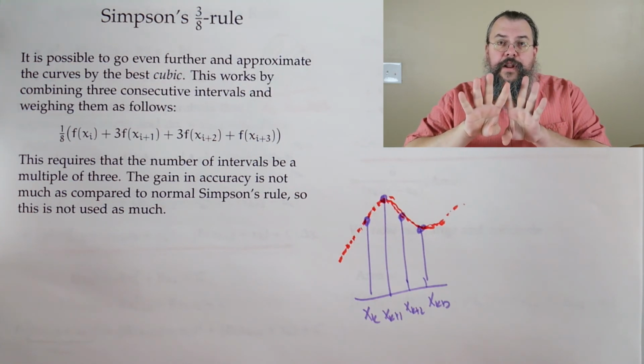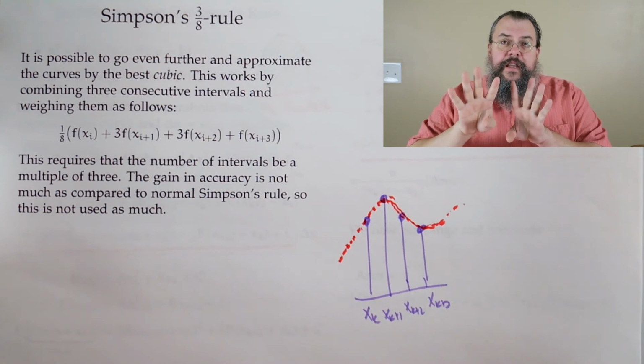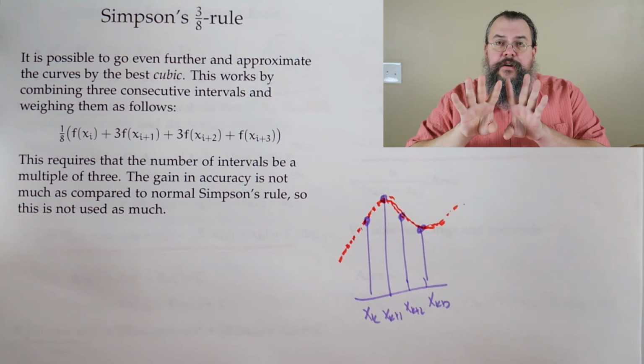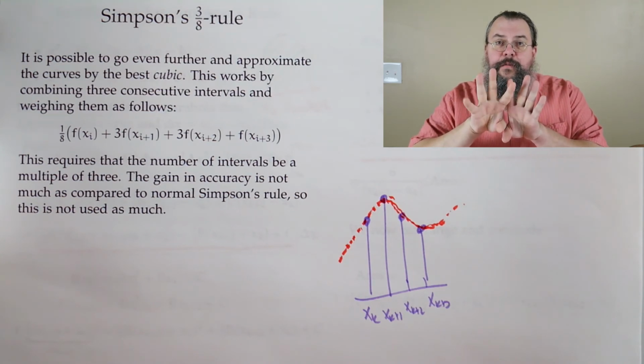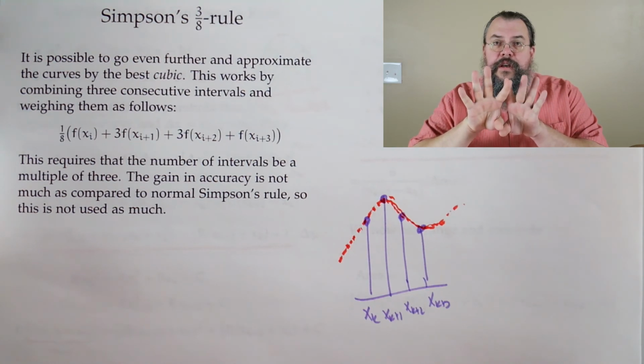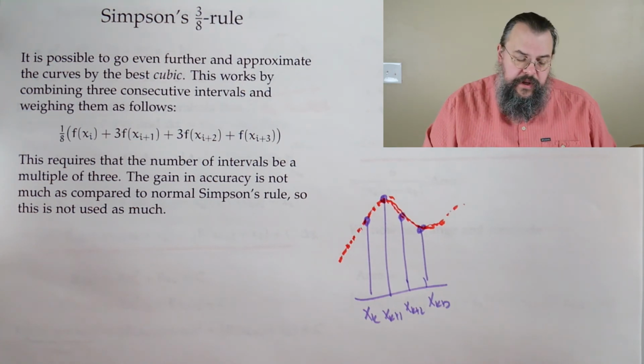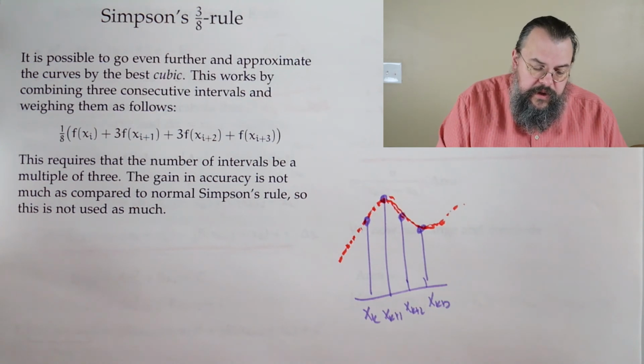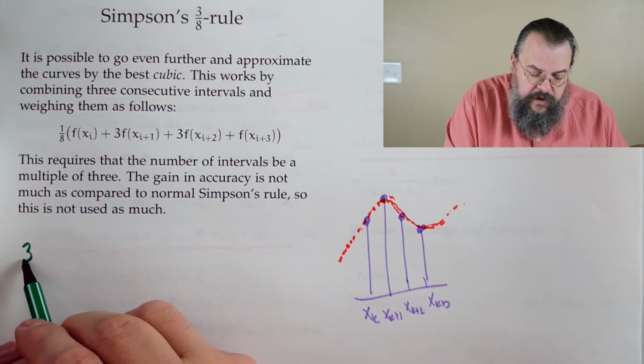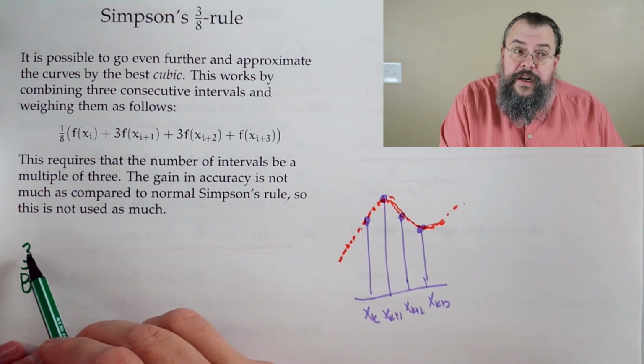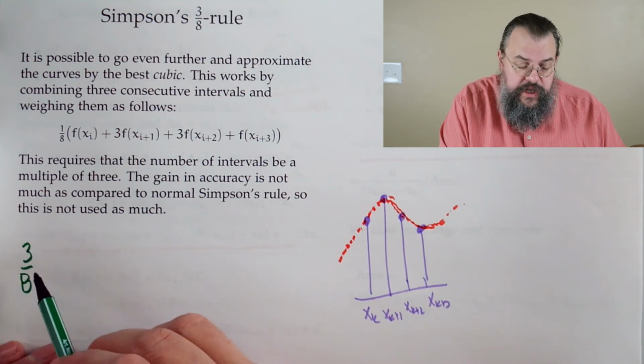But they overlap, so the right end of one matches the left end of the next. So it's going to be 1, 3, 3, 2, because of the overlap, 3, 3. And then it keeps going.